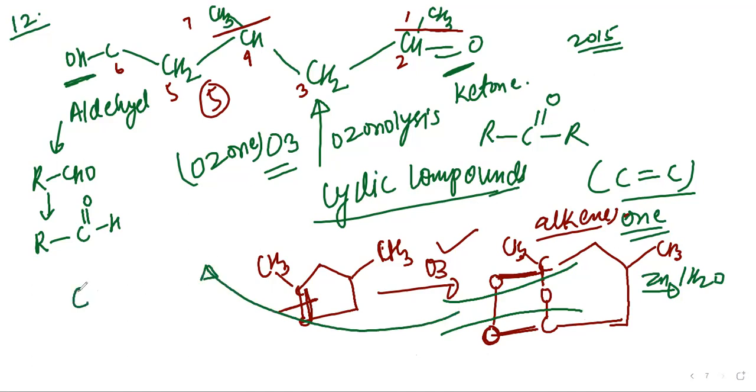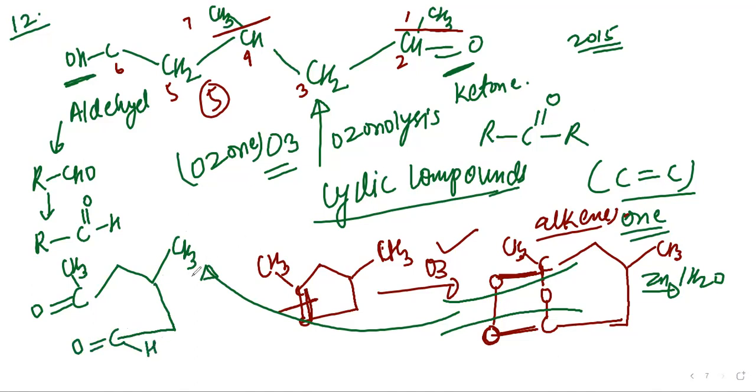So this will be C, this is your CH3. Now this will make a double bond O. This is your CH3. This is C double bond O, and one H will be there.